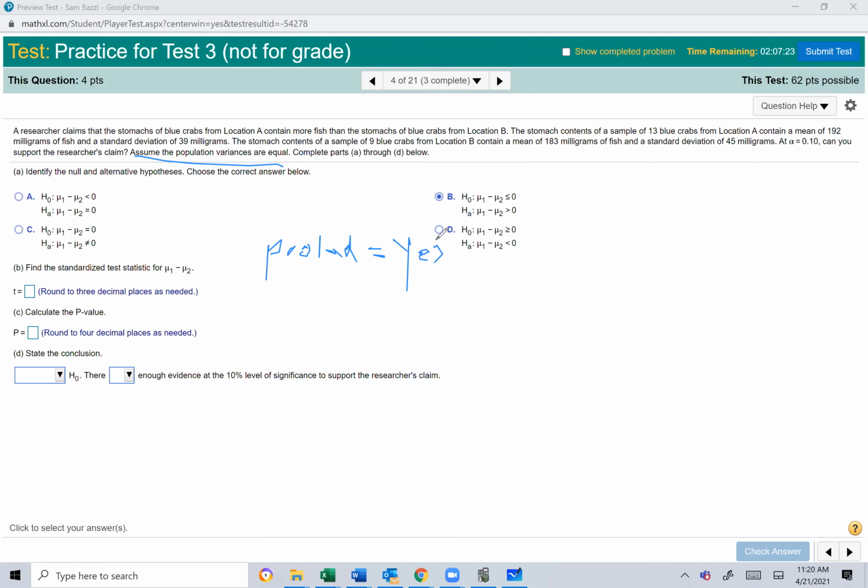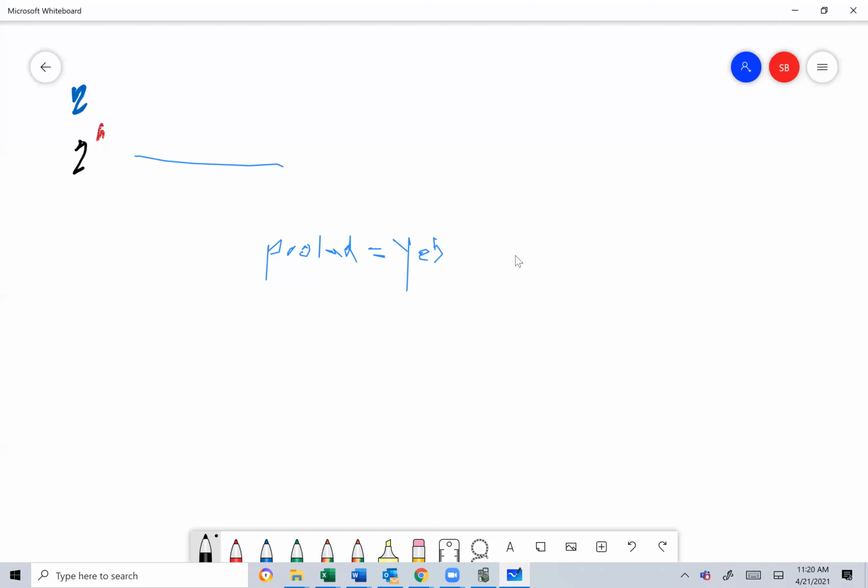Then you know you have no choice but to use the two sample t-test, because pooled is located only in the two sample t-test. All right.